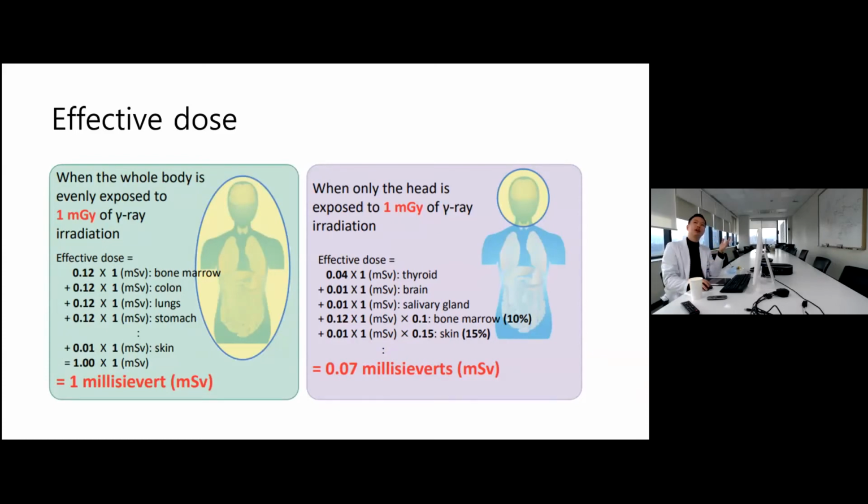So it can be calculated like this, and it will come out as about 0.07 millisievert. So although the absorbed dose of the irradiation is the same, the effective dose, so the stochastic effect, will be different for these two.